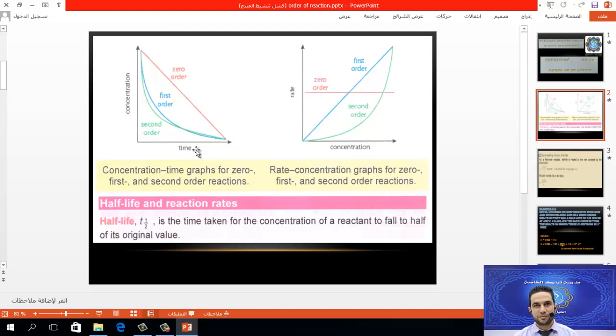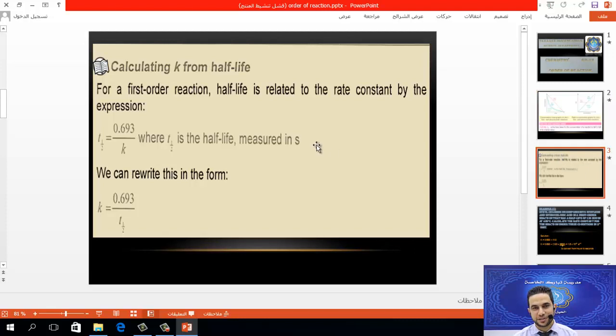After that, we have a special rule for the first order reaction. For any first order reaction, we have a relation between K and T half. What is T half? We said before, T half is the half-life. What is K?